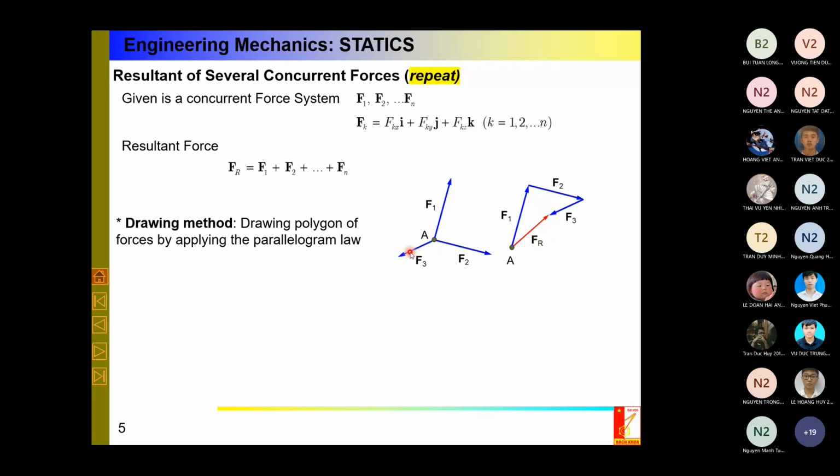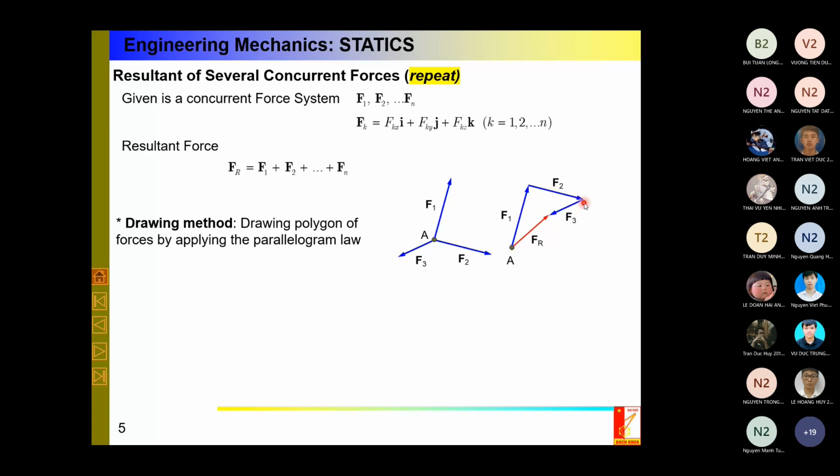But instead of drawing parallelograms step by step, I will do something like this. I fix some point here, point A. From this point, I bring F1 parallel from its original position to here. At the end point, I bring F2 from its original position. If I draw a parallelogram with F1 and F2, I get one diagonal.